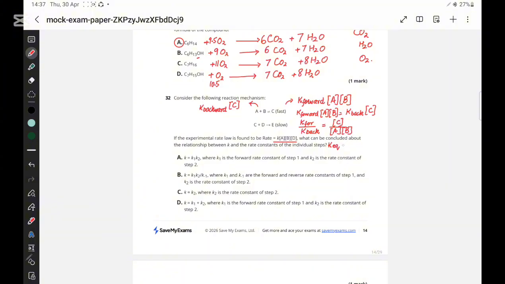So the concentration of C equals K equilibrium times the concentrations of A and B.